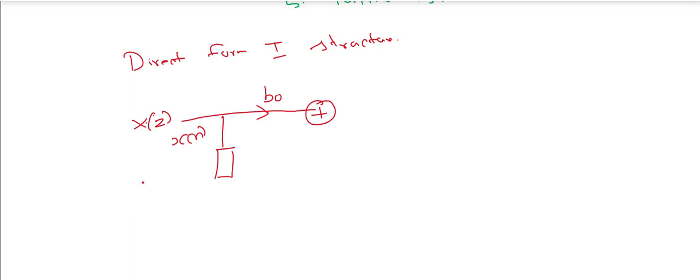So b0. What is the meaning of 1 unit delay? Z minus 1.